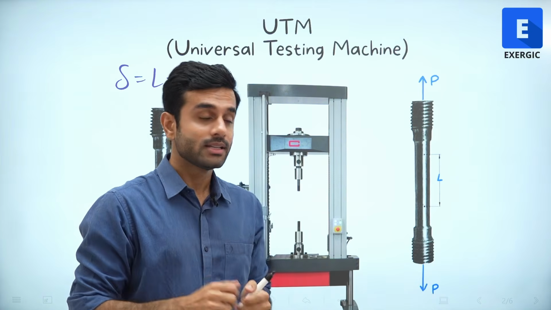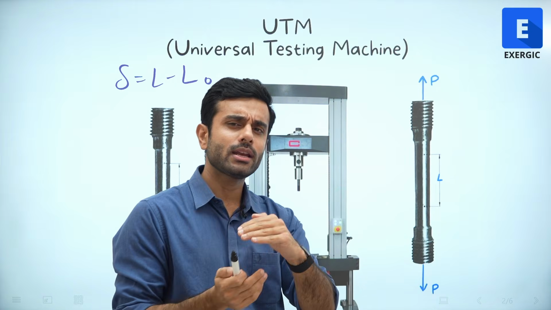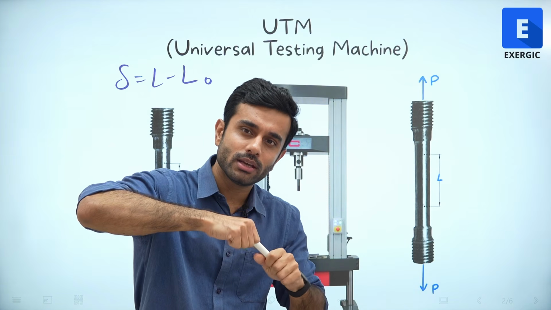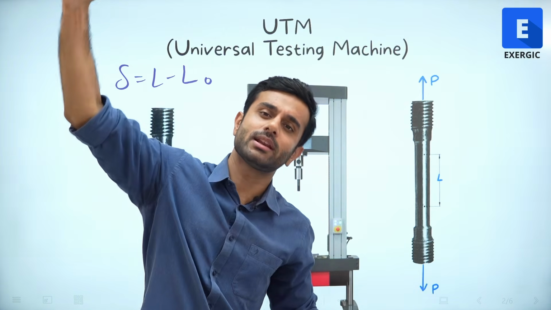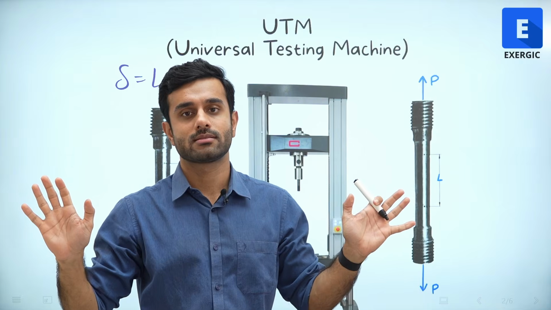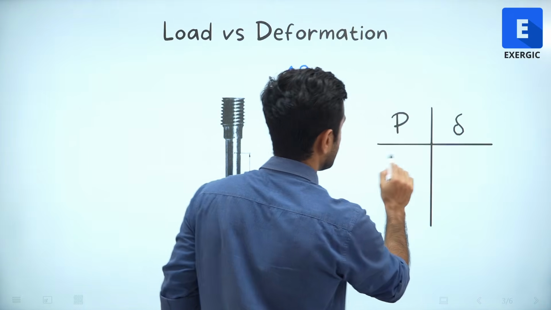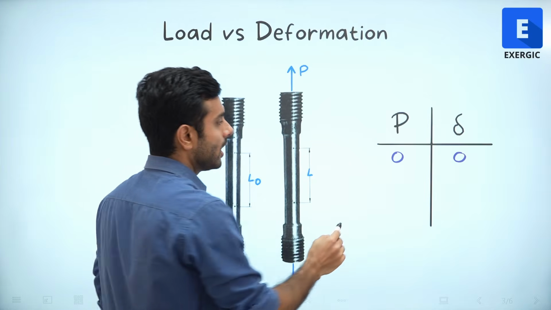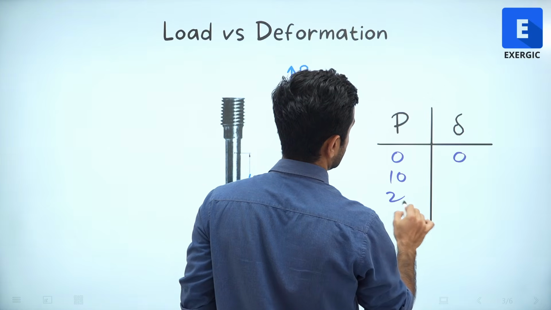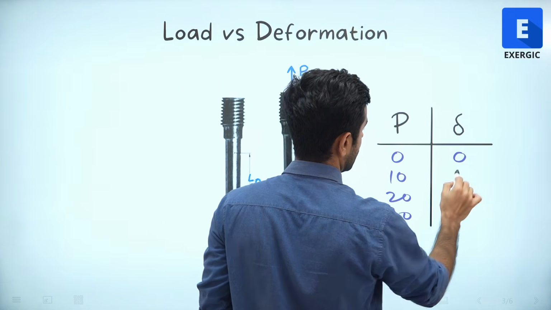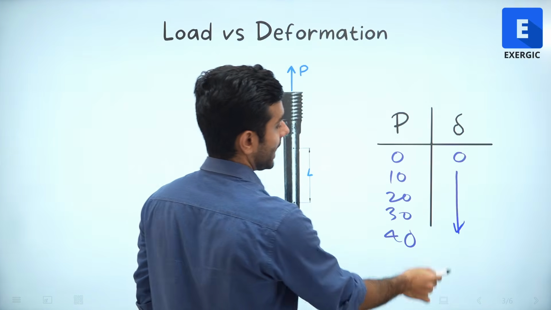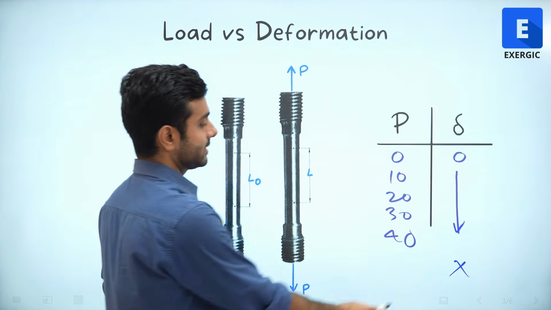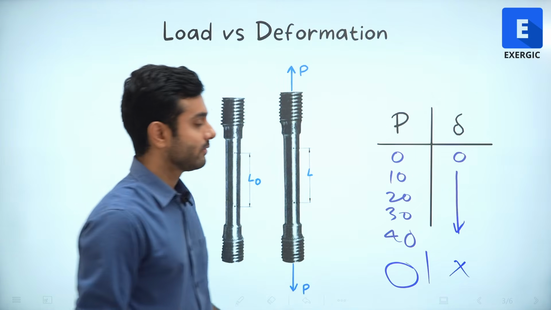Some students think that we apply an increasing value of P, that initially P will be very small and slowly we will increase and keep increasing it till the material breaks. So initially P will be almost zero, so deformation also will be 0, and slowly we are going to increase the value of P and del is also going to increase, and at the point it fractures, that value of P we are going to use.